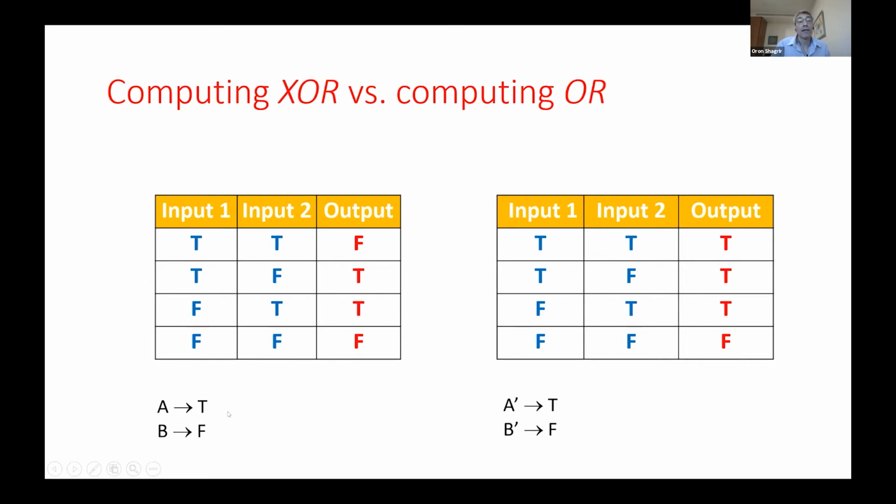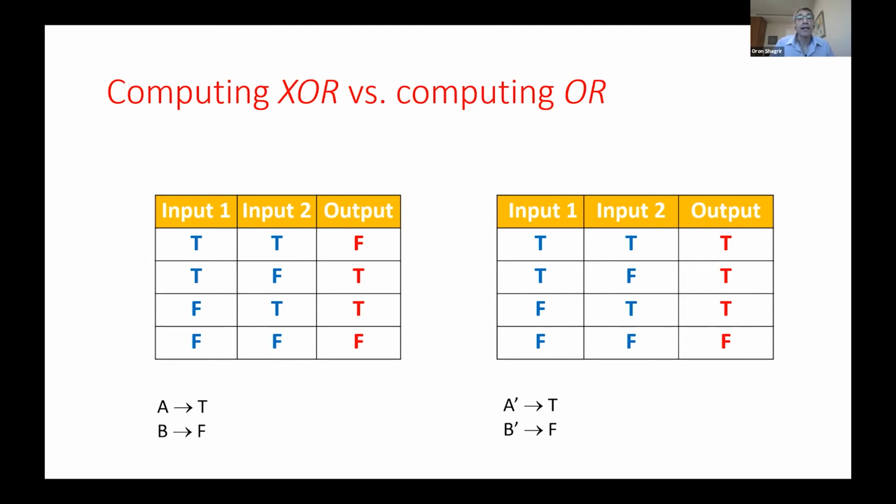So we assign to A true and to B false, so we get this XOR, and we assign to A tag true and to B tag false. So now we assign truth values to the different functional tables.